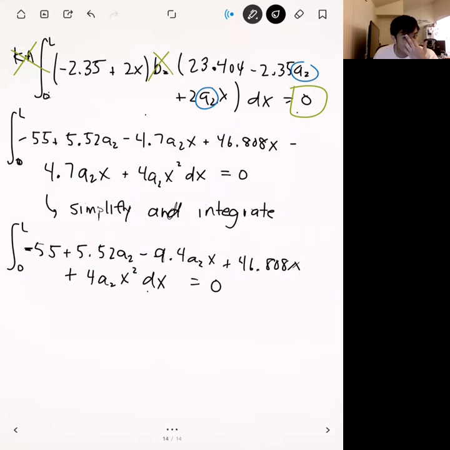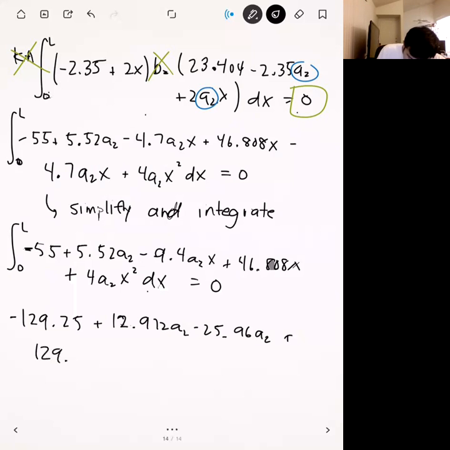And so if we perform this integration, and we plug in for all that, what we get is minus 129.25 plus 12.972 A2 minus 25.96 A2 plus 129.75, sorry, plus 5.777 A2 is equal to 0.